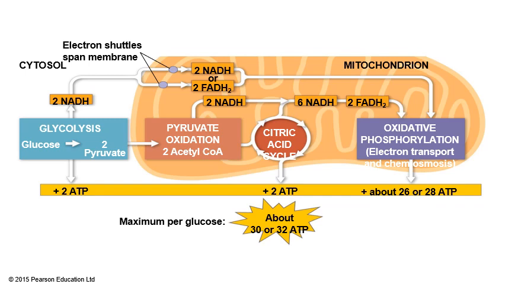From those 10 NADH and 2 FADH2, they produce about 26 or 28 ATP molecules by oxidative phosphorylation. So the total is about 30 or 32 ATP molecules produced from one molecule of glucose.